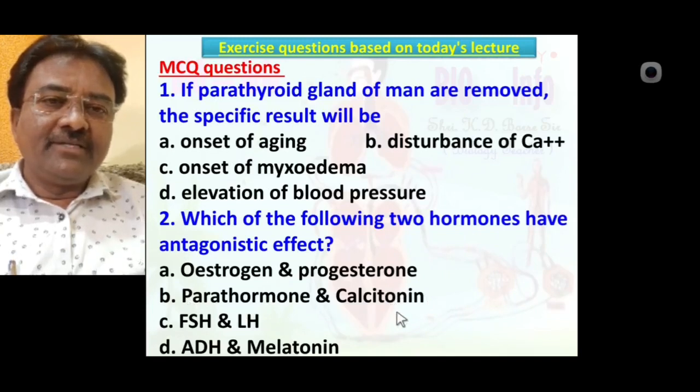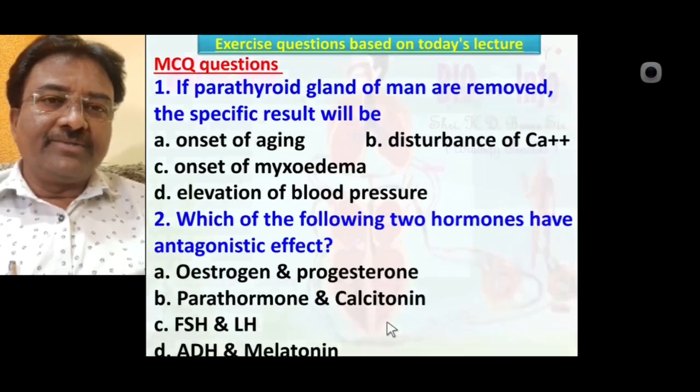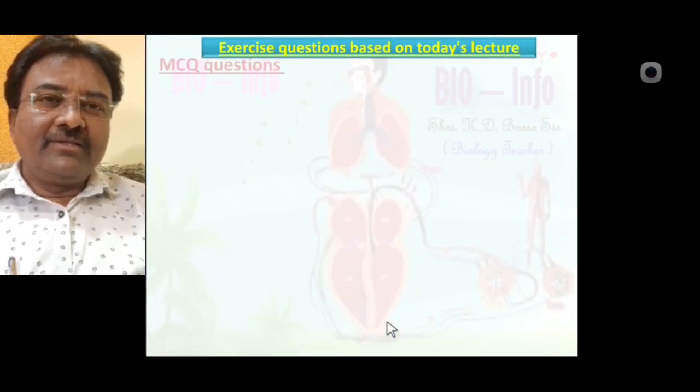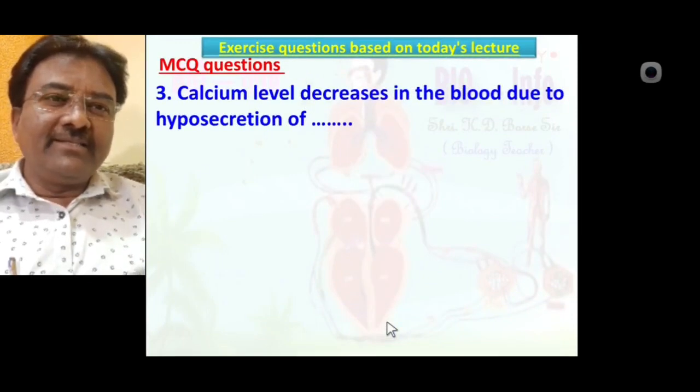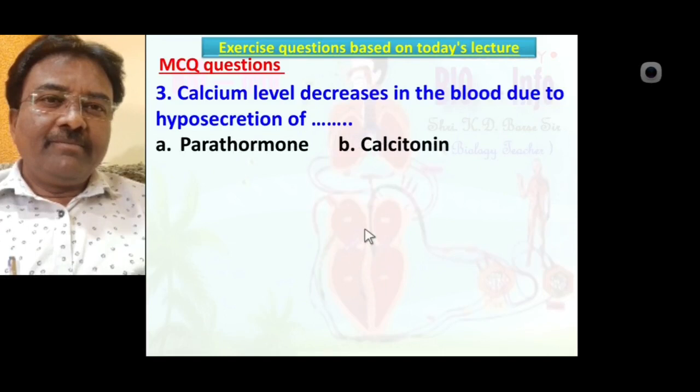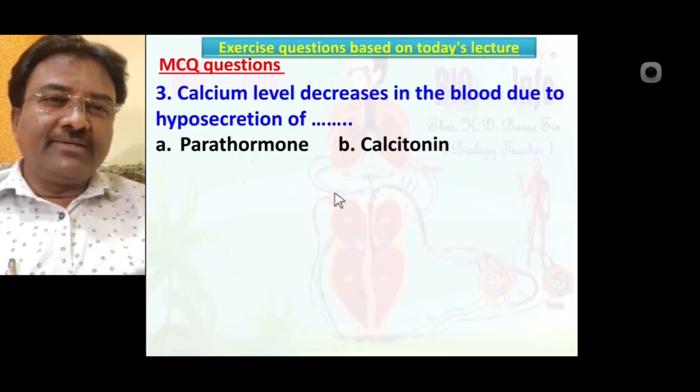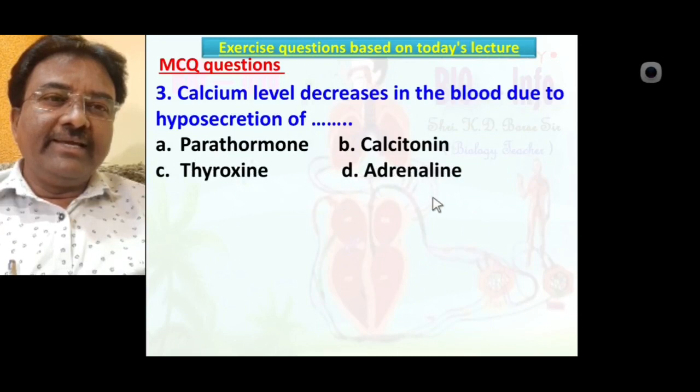So B, parathormone and calcitonin, is the correct option. Third MCQ. Calcium level decreases in the blood due to hyposecretion of parathormone, calcitonin, thyroxine, or adrenaline. Yes, A, parathormone, is the correct option.